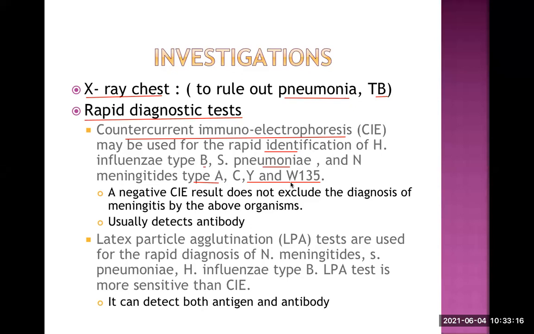These are the different serotypes of Neisseria meningitidis. A negative counter-current immunoelectrophoresis does not exclude the diagnosis of meningitis by the above organisms, but we can go for certain other tests if those are negative, and this test usually detects antibody.